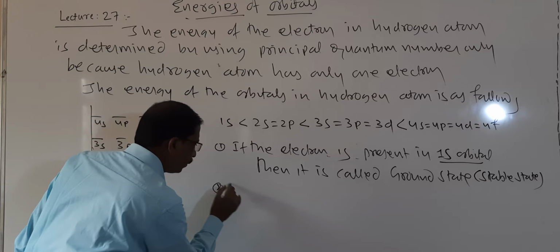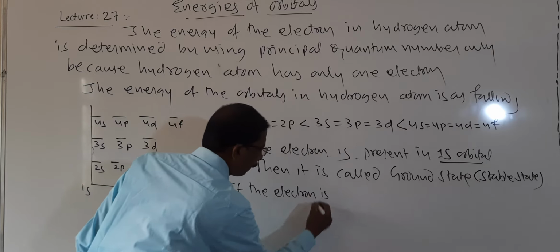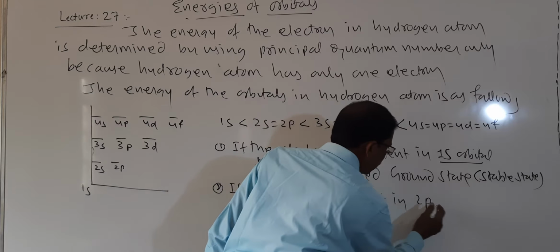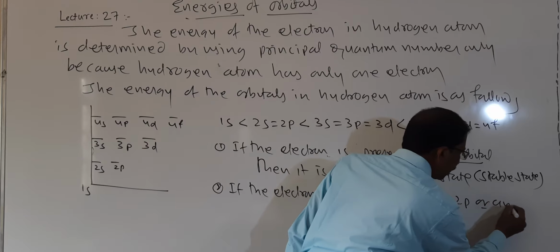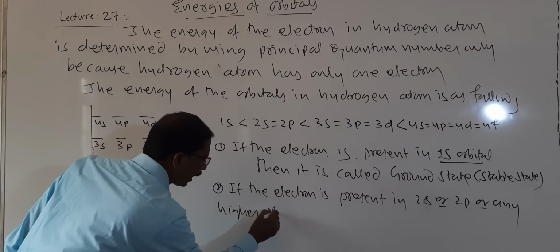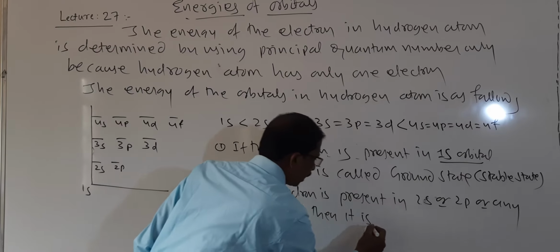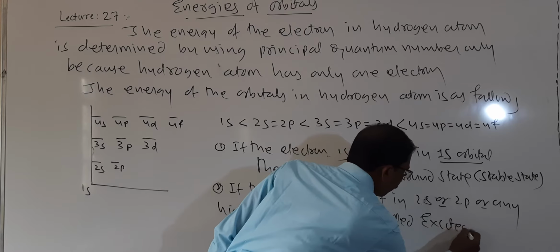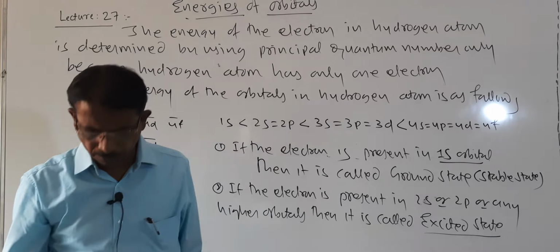If the electron is present in 2s or 2p or any higher orbitals, then it is called an excited state.